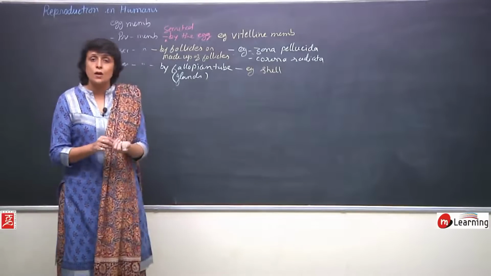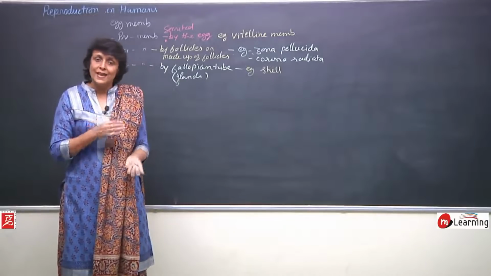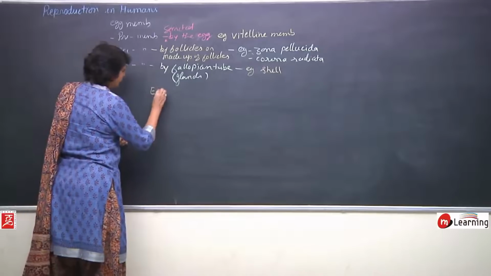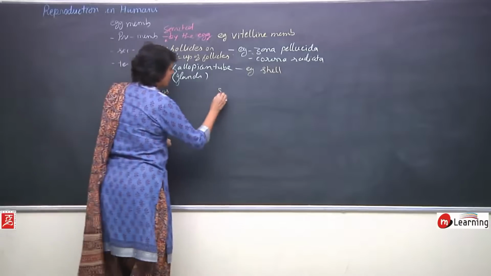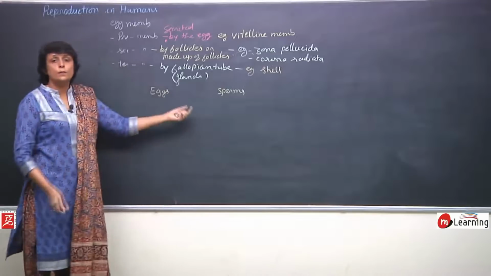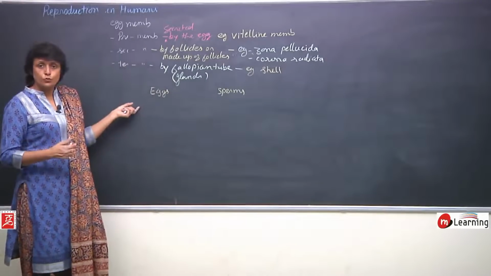Now let us talk about few more things which are a comparative thing between the egg and the sperm. So if we compare the egg formation and sperm formation processes, the egg formation is by oogenesis.